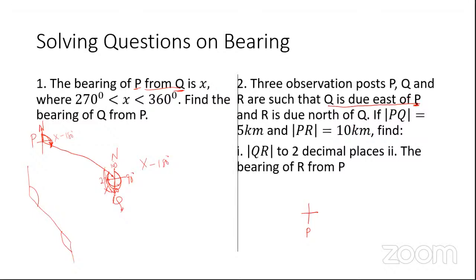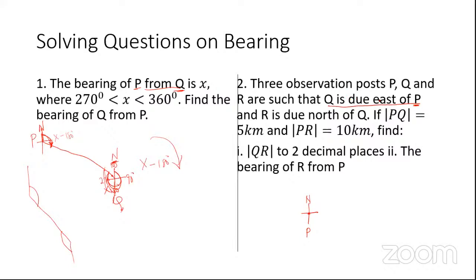Of P. They assume that we know P, so we assume a point for P. Let this place be P. Anywhere you are getting your P, you draw the 4 cardinal points on it. This is the north. Had they used angles, we would measure in a clockwise manner, the way our clock works.